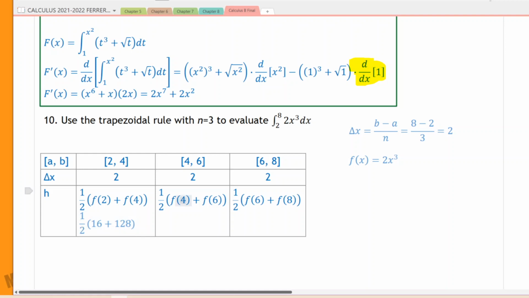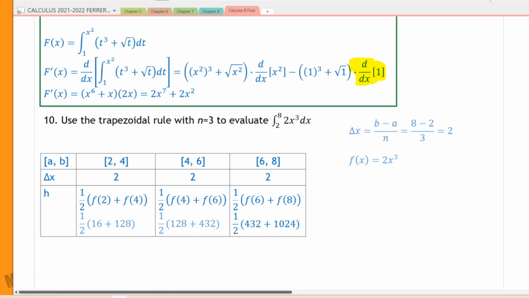Since I know that f of 4 is 128 already, that kind of helps me out here on the second one. We got a half of 128 plus, okay, let's find out 6 cubed. That's 216. And again, that helps me with the very next integral because I have that f of 6 yet again.